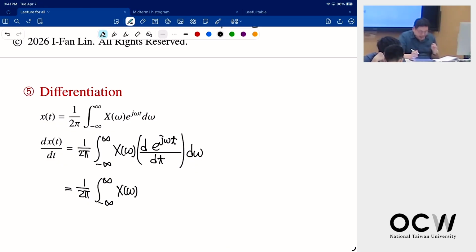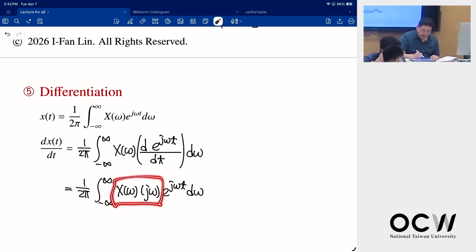If I take the derivative with respect to t, then I'll get, by the chain rule, j omega and then the complex exponential. So every time I take the differentiation in time domain, then in frequency domain, I will generate the omega.